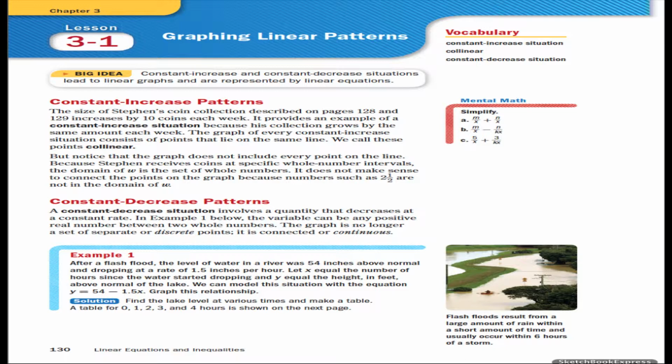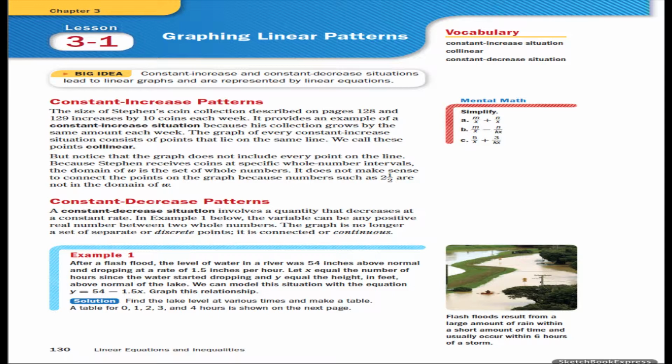And so what we do in this relationship is we have y, which is the height of the water, is equal to 54, which is what it started at the beginning of time. This would be at time 0, or when x is 0, y would equal 54.